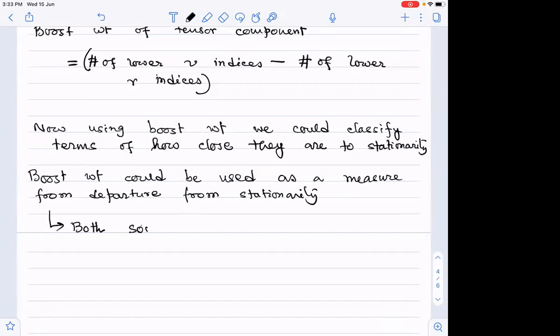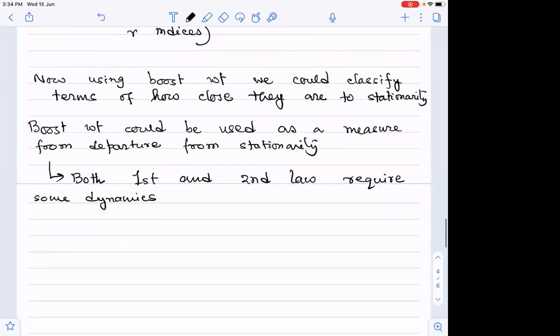And boost weight is used to segregate or classify terms, and is used to characterize this dynamics by proving these laws.